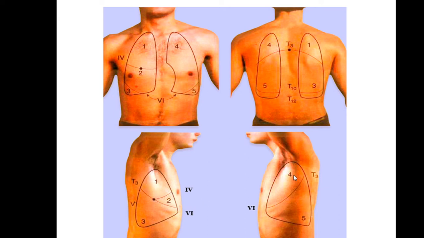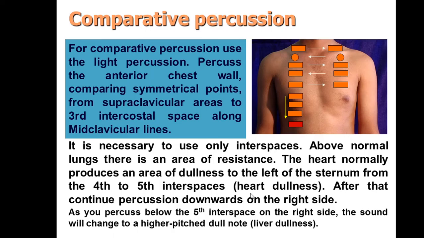To detect the upper and lower border on the left side, you should find T3 and connect T3 with the anterior sixth rib.